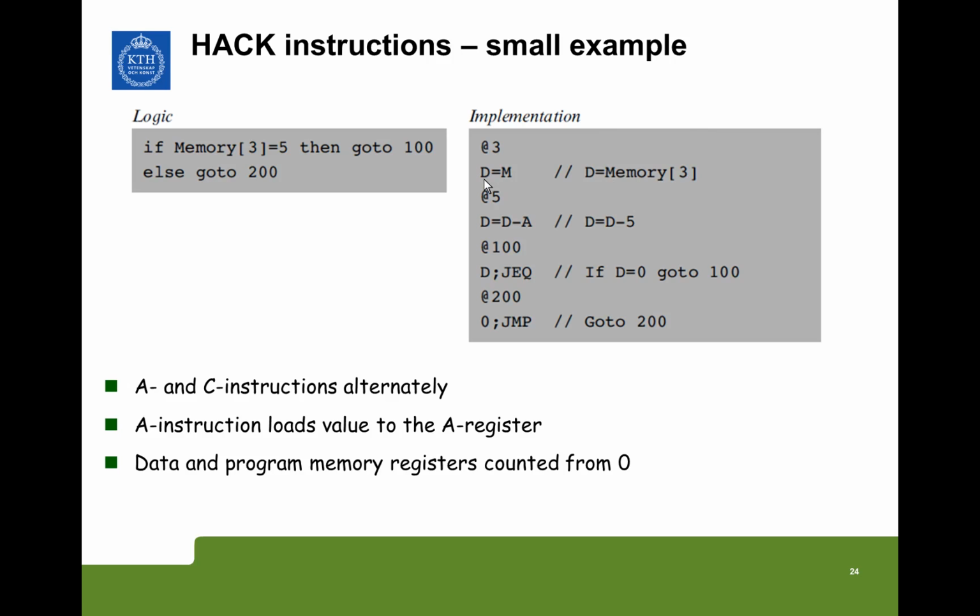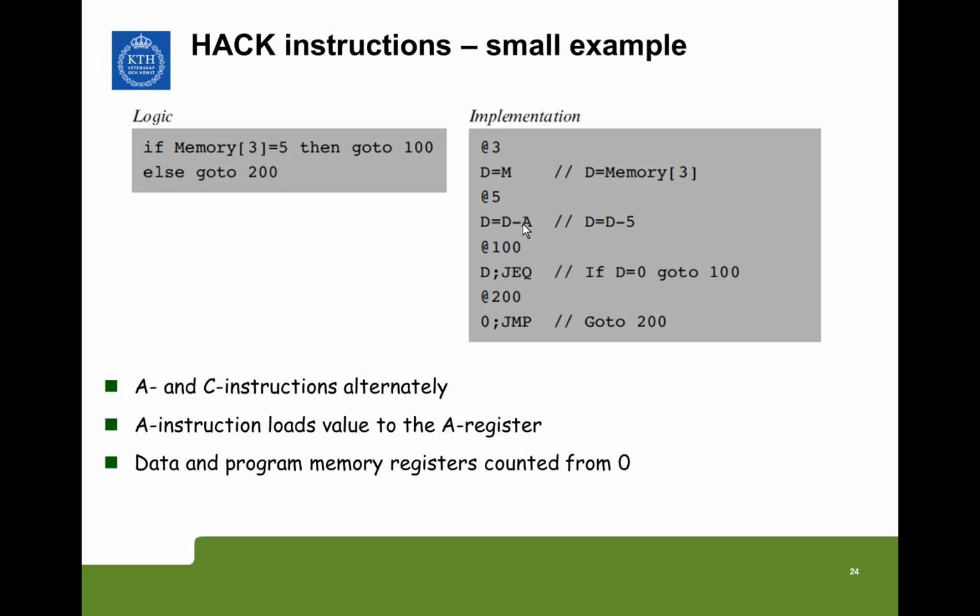Then we need to compare this value to 5. Again, we store 5 into the A register, and then we have to compare the content of the D register and the A register. We can do that, for example, by subtracting the two of them. Then basically we prepared the condition for the jump instruction.